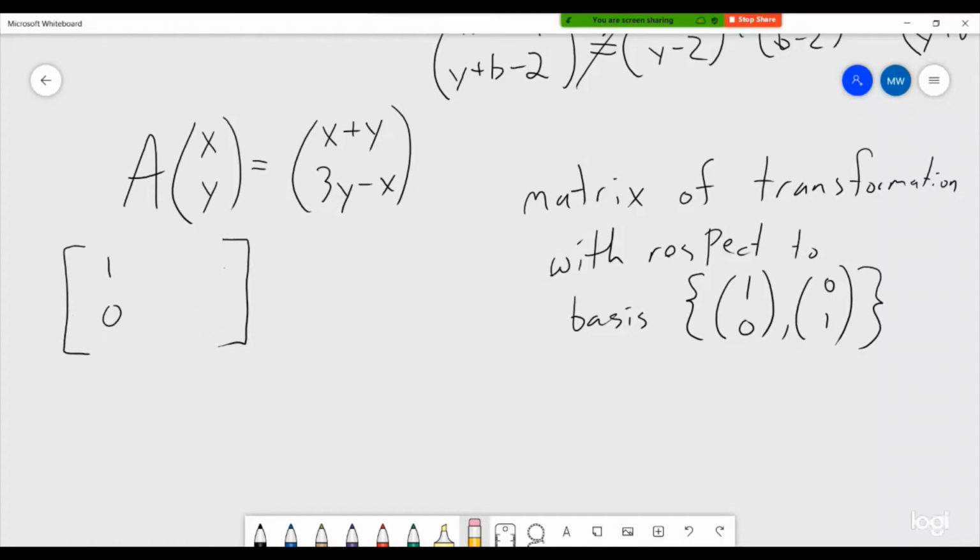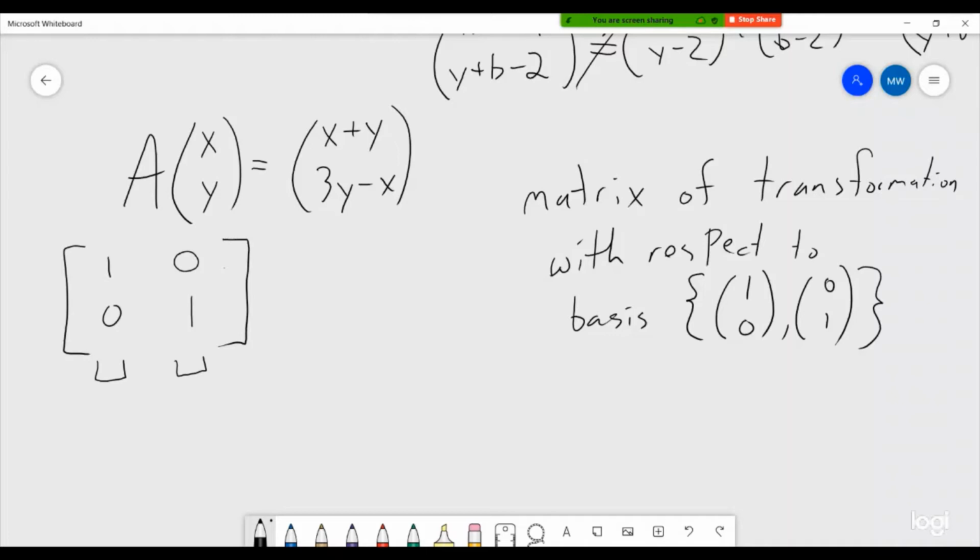It's just a way of signifying we are writing these as columns. Because if I didn't specify they were columns, some people often read them as rows. That is not what we want. We are putting the basis elements as the columns. And now we want to figure out what these columns turn into under this transformation. This is going to give us the matrix of that transformation, and I'll show you why in a second.